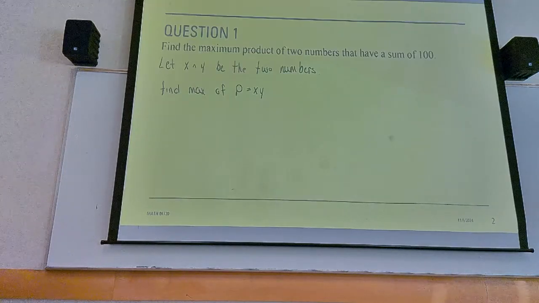We're looking for the maximum of the product. Call it P. X times y. It's a problem. That function is two variables.